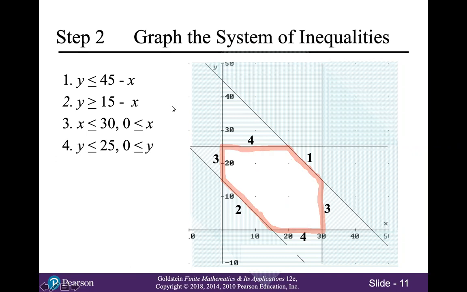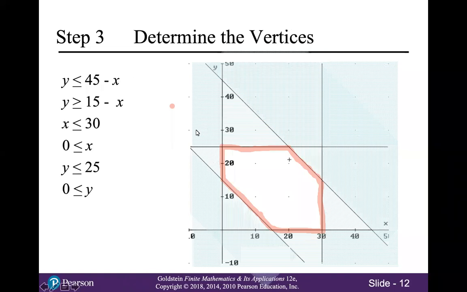All right. So next thing we have to do is find the vertices, right? Okay, yeah, finding the vertices. All right, so as I click through this, you'll see they highlight the inequalities corresponding to the lines that are intersecting at that point.